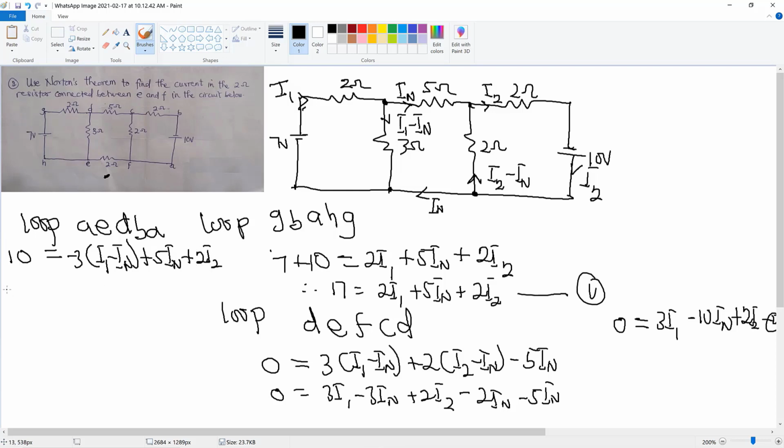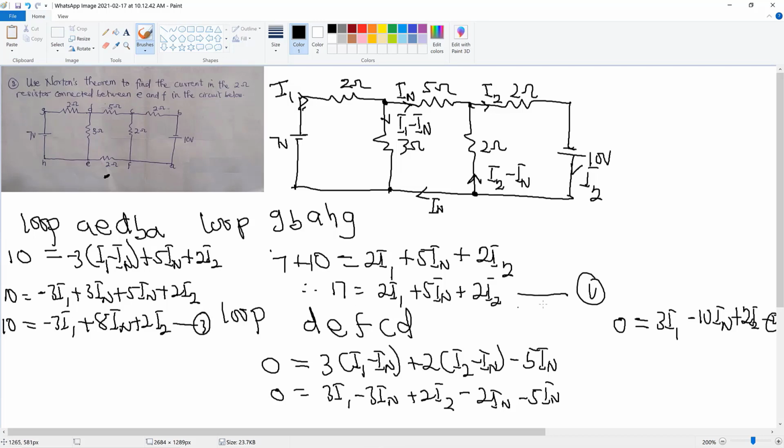So simplifying that, we have 10 is equal to minus 3I1 plus 3IN plus 5IN plus 2I2. So then we can further simplify this and say minus 3I1 plus 8IN plus 2I2, and that gives us our third equation.